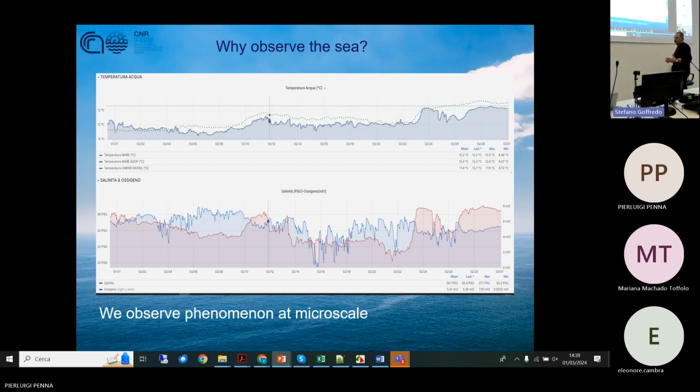There is an oxygen plume that moves and goes. It's a typical natural phenomenon from the Po Delta, the Po River, about 2 or 3 hours. So it's difficult for a research vessel, satellite, or a model to know and understand this kind of phenomenon.